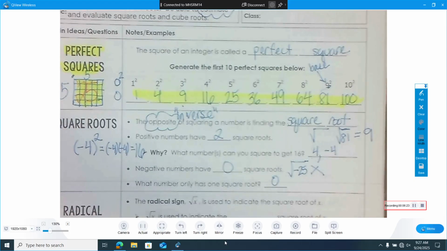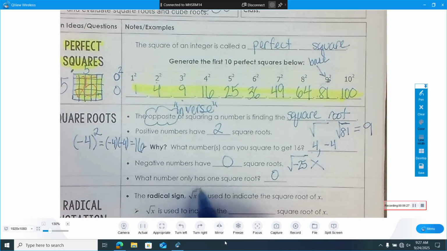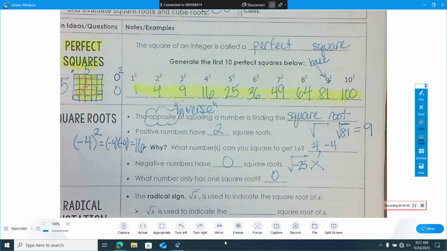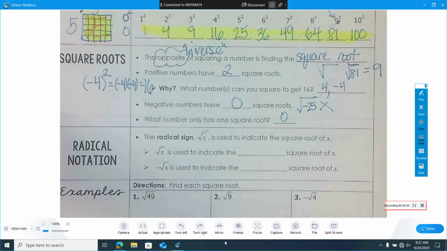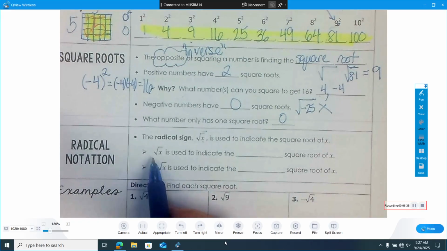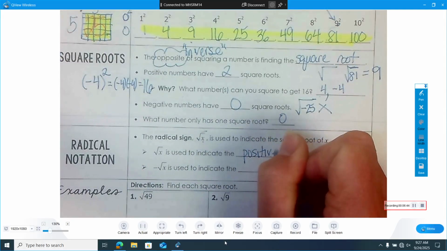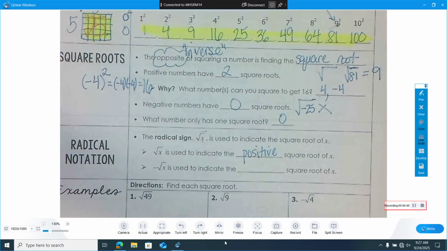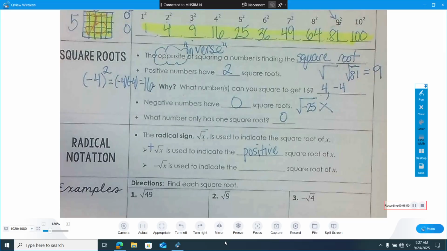All right, so here's the notation, a radical sign. This is the radical right here. We can say radical x, or square root of x, is used to indicate the positive square root of x because there's a positive in front of it.